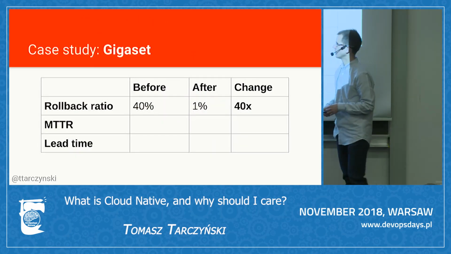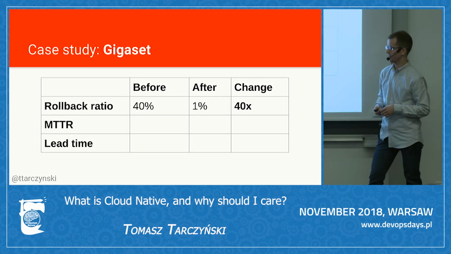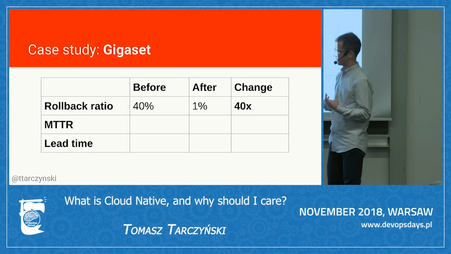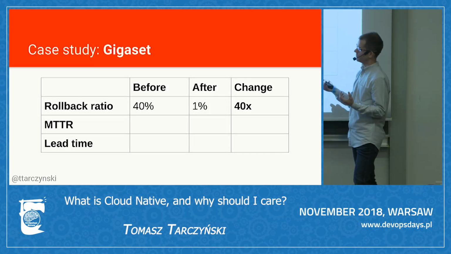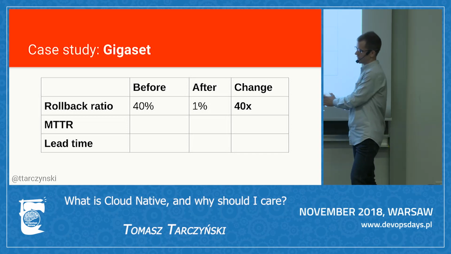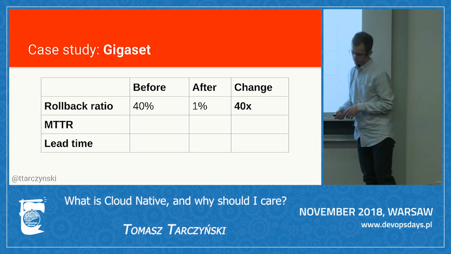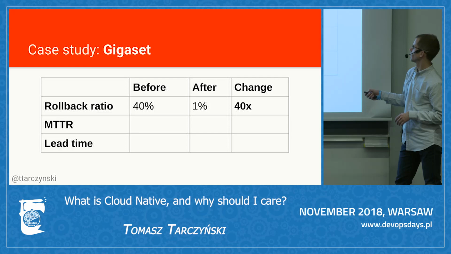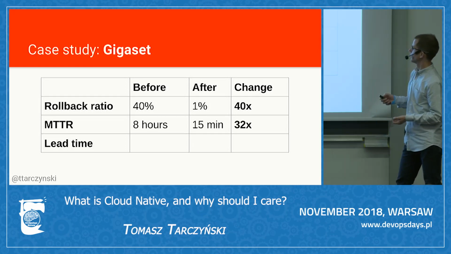And now just one more example. So from Gigaset, and just to shortly show you what benefits we've seen after migrating to microservices. About reliability, we also had quite a lot of failures related to change, but it improved a lot.